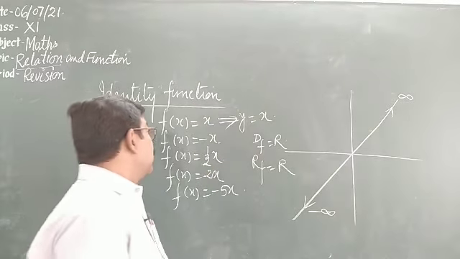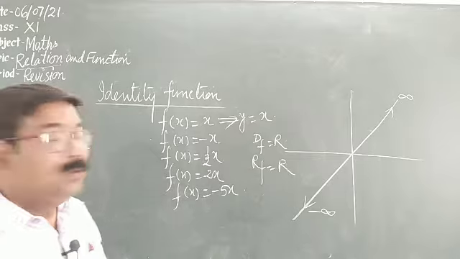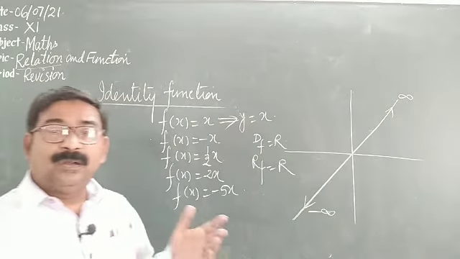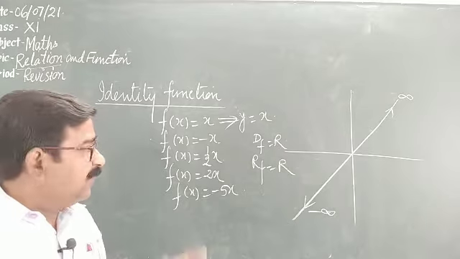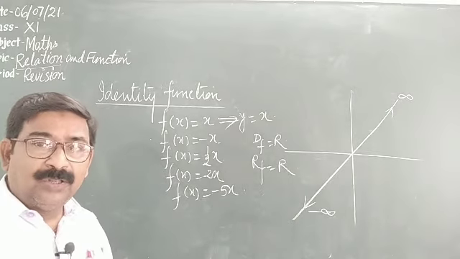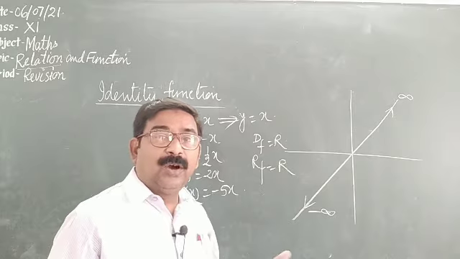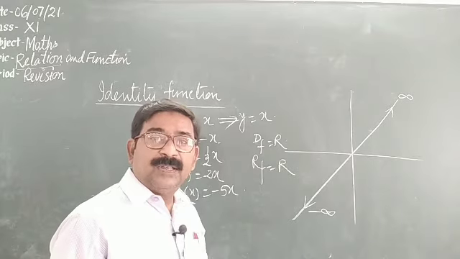So for an identity function, domain and range both are all real. Is it?